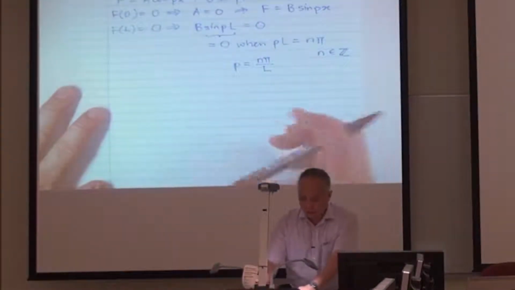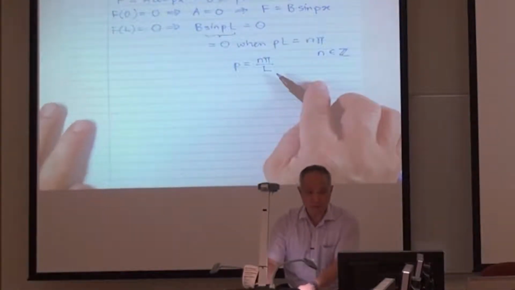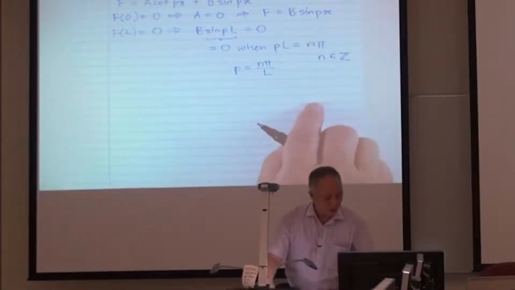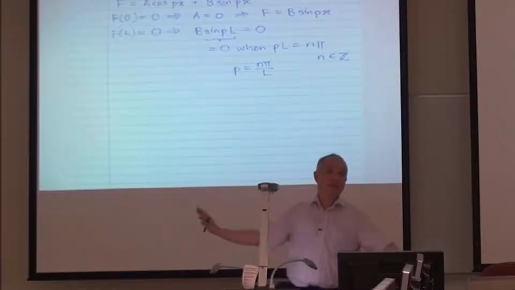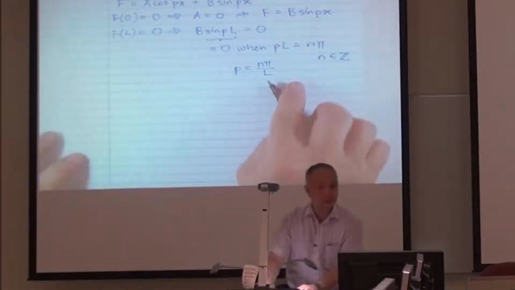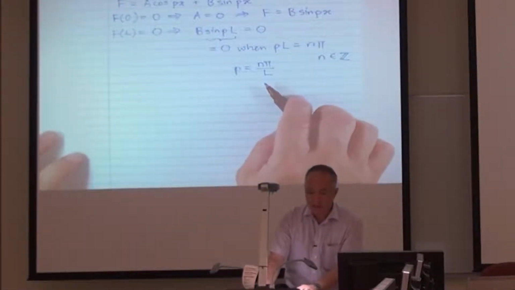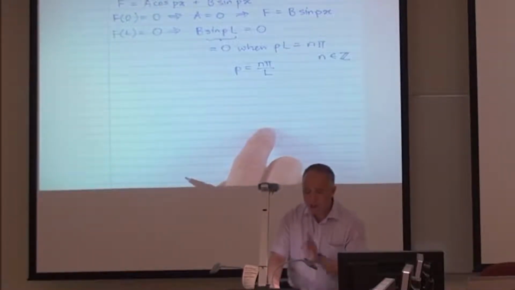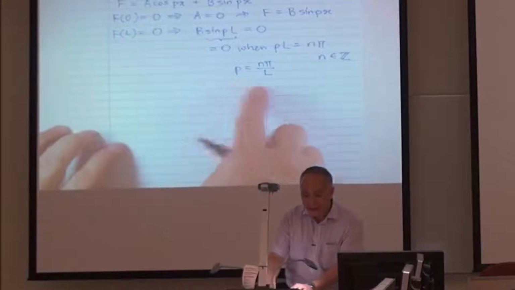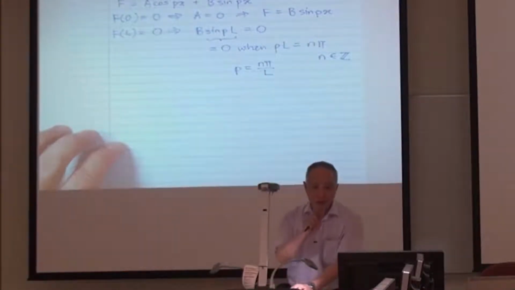So if we choose the P to be of this form, that means earlier on we had that constant K. If that K, which is equal to negative P squared, where P is this, we have a non-trivial solution.